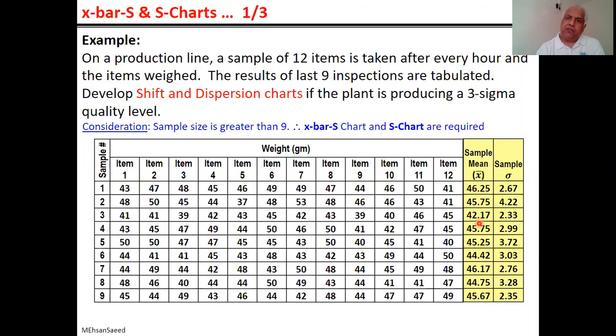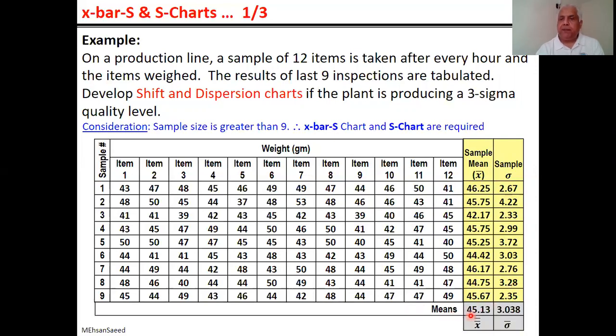So here we are, this column is for sample means and this is for sample standard deviation. As we did last time, we take the mean. So this becomes X double bar, that means bar of the bar or mean of the mean, and this becomes the sigma bar.